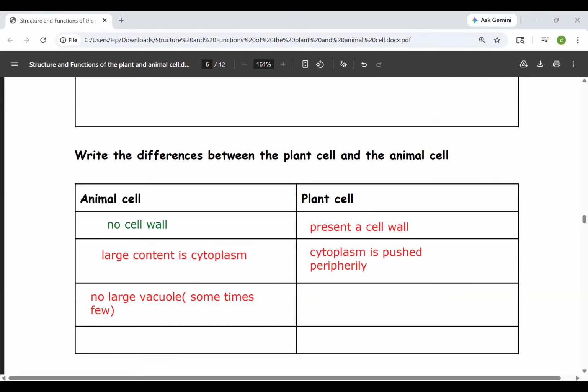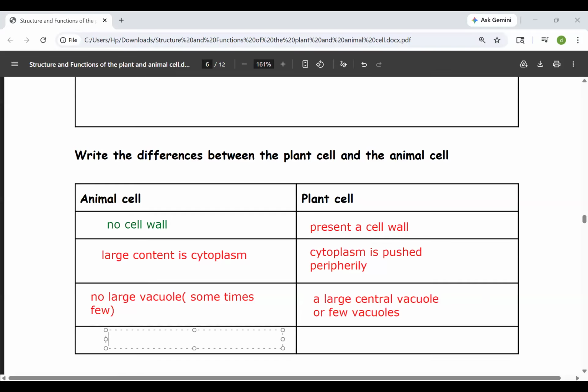Then regarding plant cell, we will write a large central vacuole or few vacuoles.